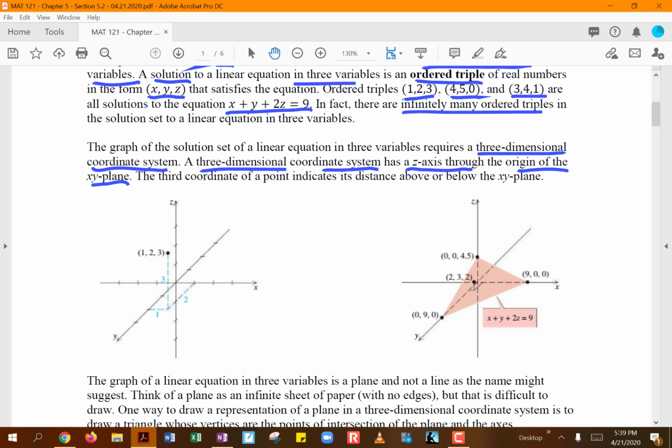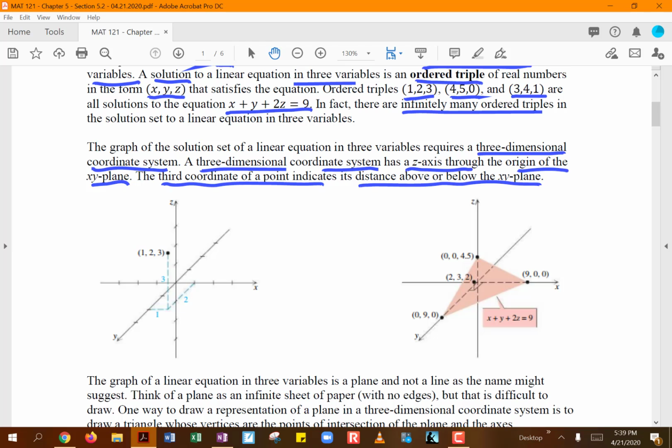So this third coordinate will actually tell us the distance that is above or below the x and y plane. It will basically tell you how high up you are from the x and y plane, or how far below you are. That's how this z-axis will work.